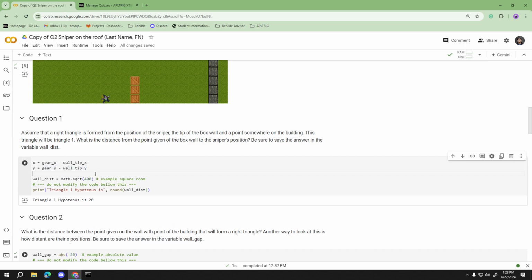Now we have that, we use the math square root. If you remember the distance formula, it's the square root of X squared plus Y squared, so X times X plus Y times Y. Let me just put this in parentheses.